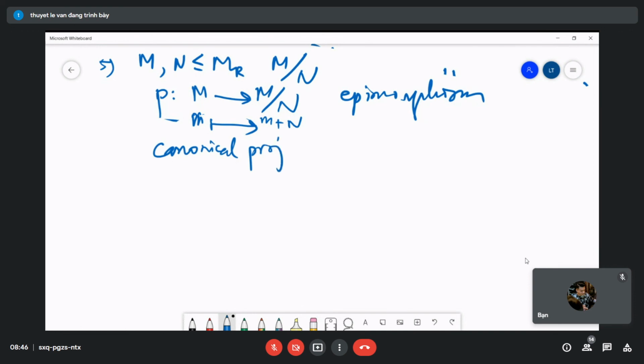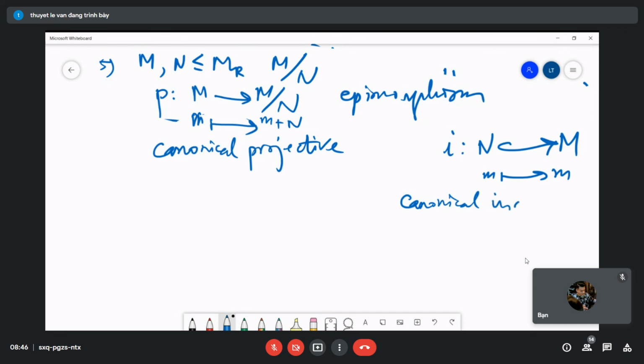You remember the inclusion from N to M, which we call the canonical inclusion.